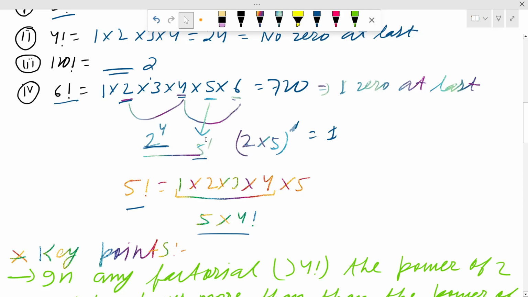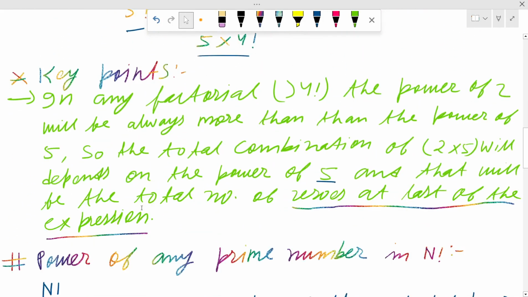If the power of 5 is 2, then there are 2 zeros. The power of 2 is always greater in a factorial greater than 4 factorial. So remember these key points.